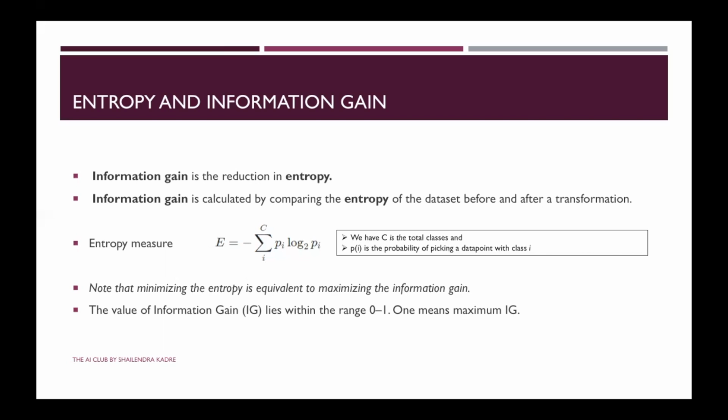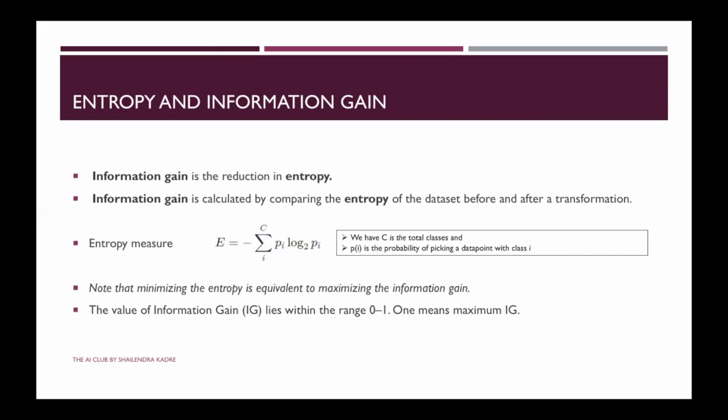Now we split the data depending on some feature and some decision, and then we again calculate the entropy of the individual branches. Now we find the difference between the parent entropy and the summation of the entropy of the individual branches, and that gives us the information gain.